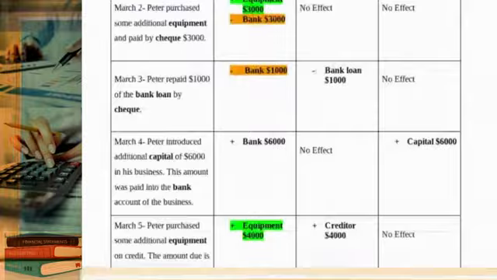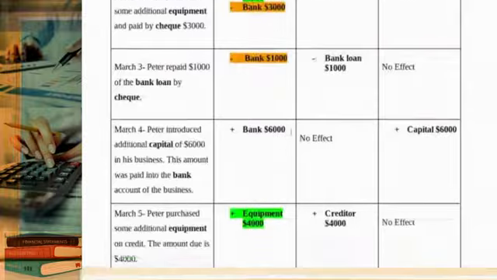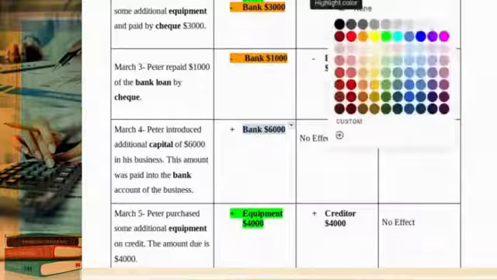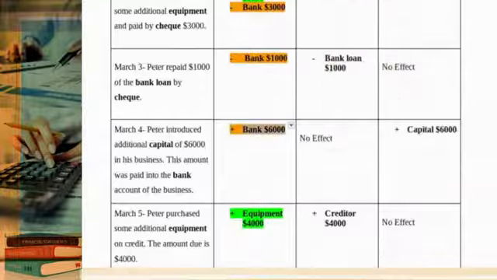In the third transaction, bank was again affected, and this time it is increasing by $6,000. So we're going to add that $6,000 to the $1,000 that remained.